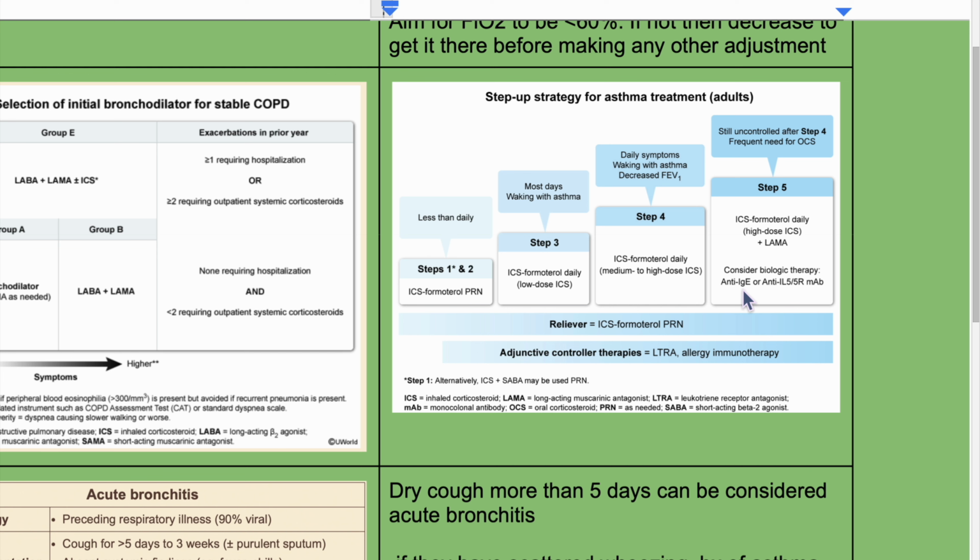Consider biologic therapy, anti-immunoglobulin E or anti-IL-5 receptor mAb. Still uncontrolled after step 4, then frequent need for OCS, oral corticosteroids. Reliever is ICS and formoterol on an as-needed basis. Adjunctive controller therapies: LTRA, that is leukotriene receptor antagonists, and allergy immunotherapy.